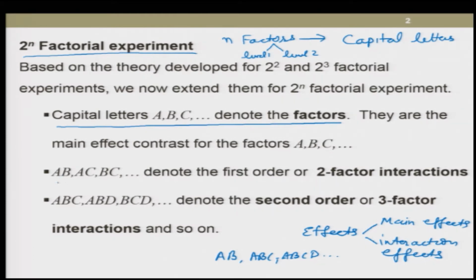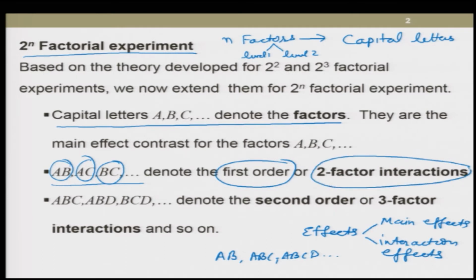Whenever we use 2 letters, that is an interaction like AB, AC, or BC, then it is called a first order interaction. There is another terminology, and we call this first order interaction also a 2 factor interaction. 2 factor means there are 2 factors like A and B or B and C and so on.